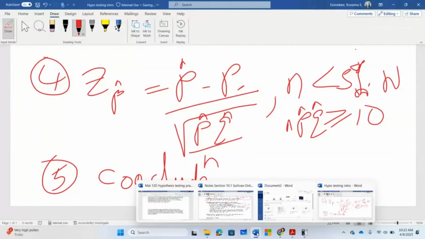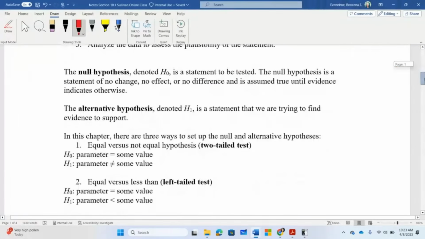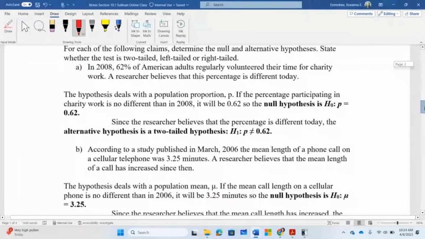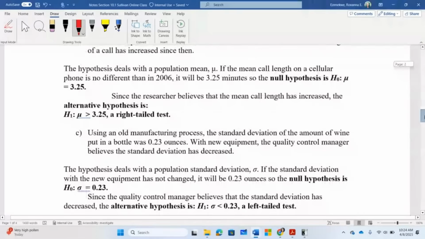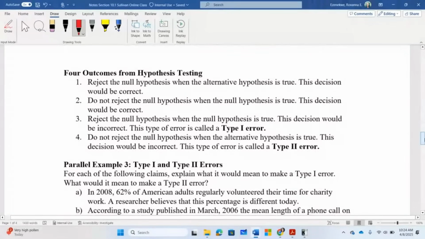I would like you to read the notes. Reading the notes will help you a lot. These are examples of what I just said already. I already talked about this. These are the steps in hypothesis testing, right-tailed, left-tailed. But I think the best thing for us is to start doing examples.